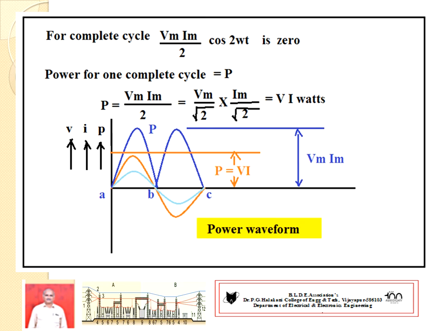Once again you draw the voltage and current waveforms. Above these waveforms, the power waveform will come, because power equals the product of voltage and current. You can observe that for both half cycles power is positive. In the first half cycle, V is positive, I is positive, so power is also positive.